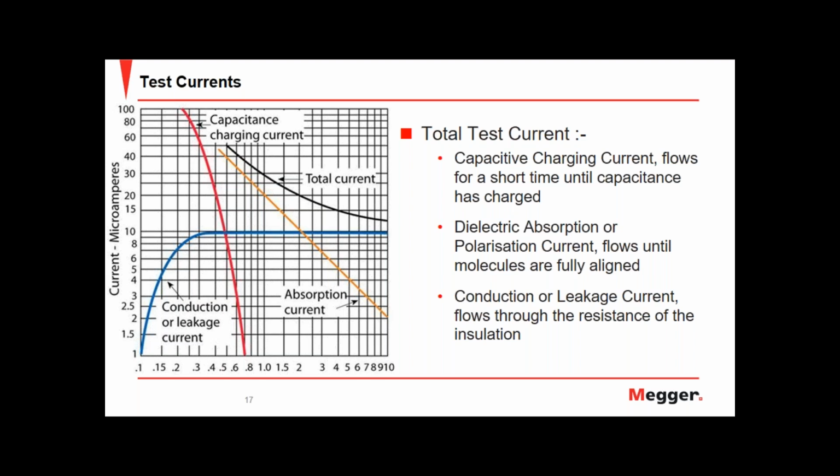And because oil has a tendency to move around, the absorption current never settles down, and that's the reason why your PI value is typically less than 2 on liquid filled transformers, and even for a good insulation, it would show a bad PI value.